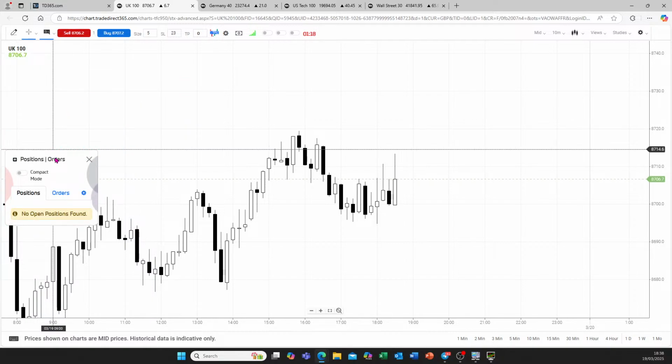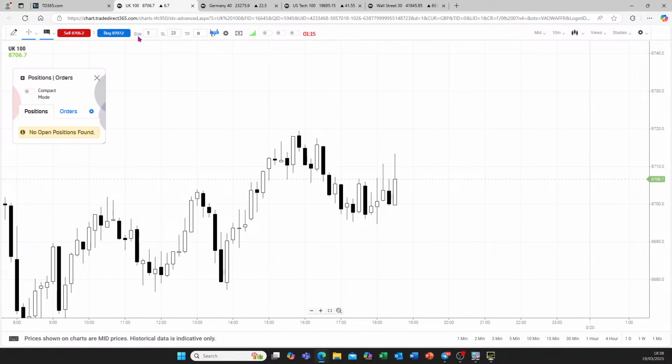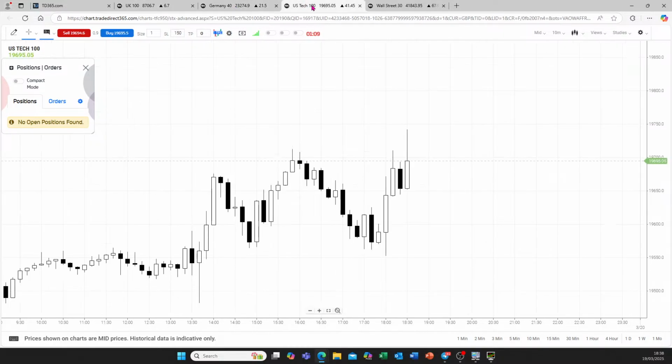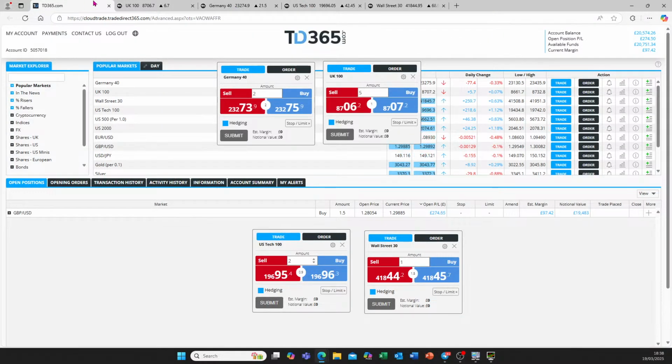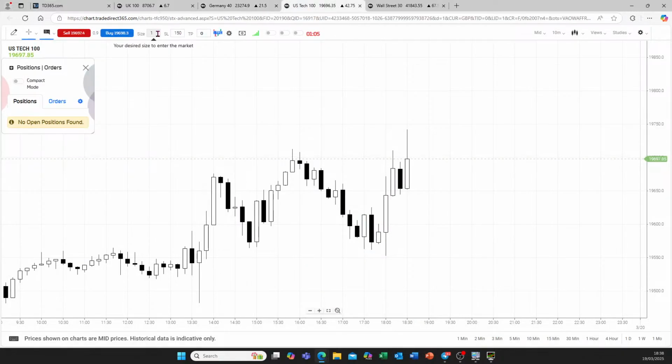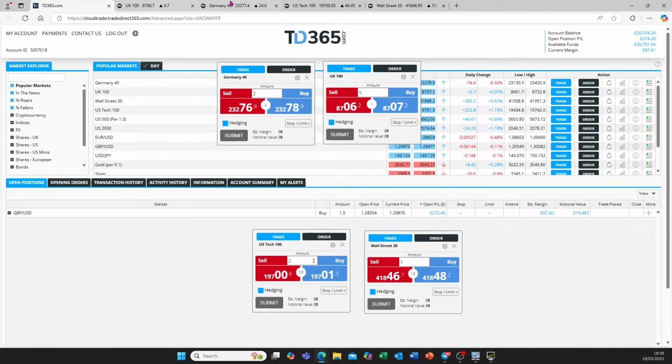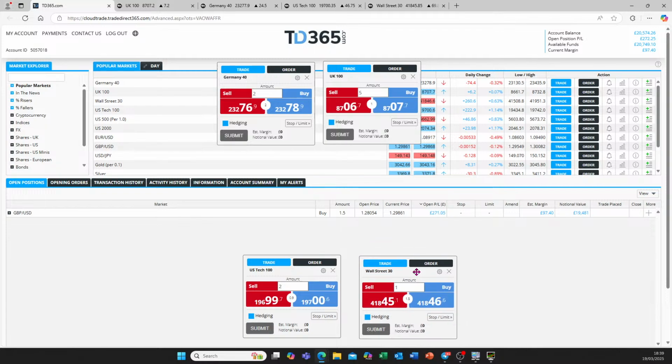I won't be using my signals, I'll just be using this. Just going to make sure that the right size is in. So I'll probably be executing on another chart image.